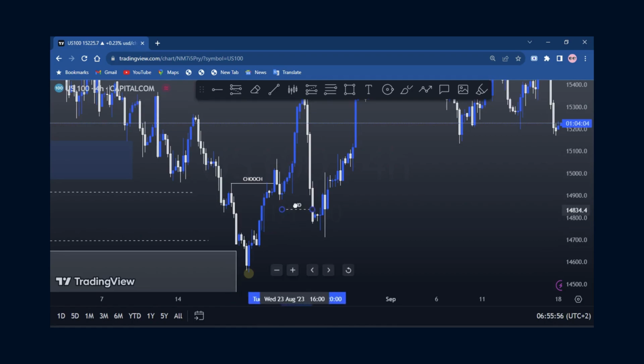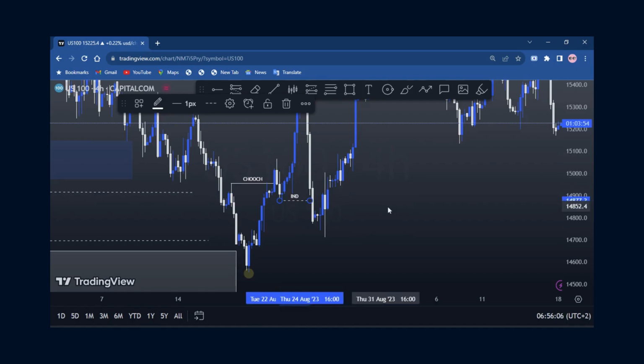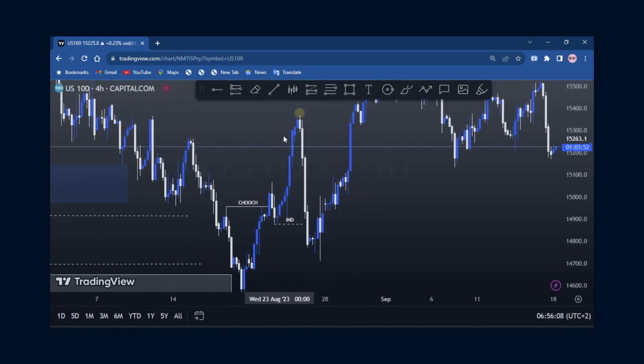So yes, we can say this is our inducement, because that high was broken, right? But now you should understand, when that high was broken, this is not break of structure. Why am I saying that? The market has not yet returned and broken that inducement. After the market has broken that inducement, we can then say that it's break of structure.